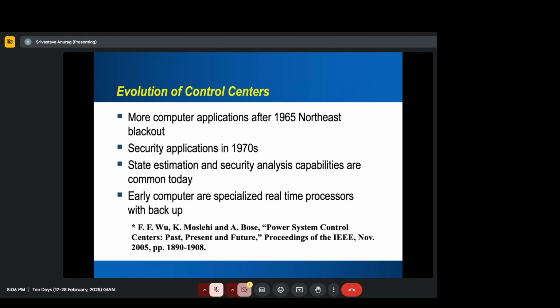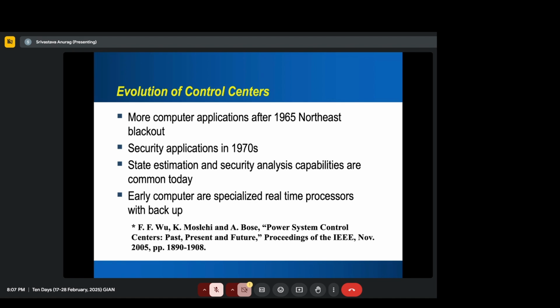Then we added security applications in the 1970s, and state estimation and security analysis are very common now. Most of the bigger utilities do that. Very small utilities are still not doing state estimation, even though they have the capability, because the data they're getting is not right, and it requires more money to make the data right. But most of the bigger ones are using all this information.